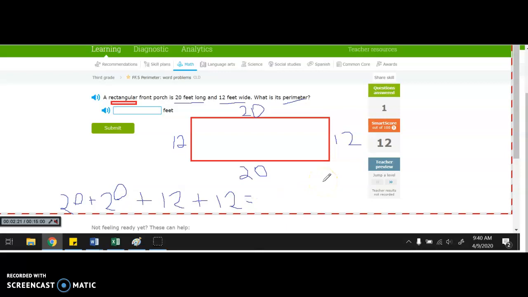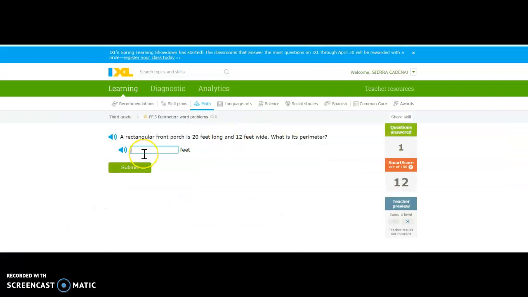So 20 plus 20, you know, is 40. And 12 plus 12 is equal to 24. So 40 plus 24, mental math, I'm going to say it's 64. So I'm going to come back and I'm going to type in 64 feet and see if I'm right. Good. So you're going to have to read these problems and draw it out.